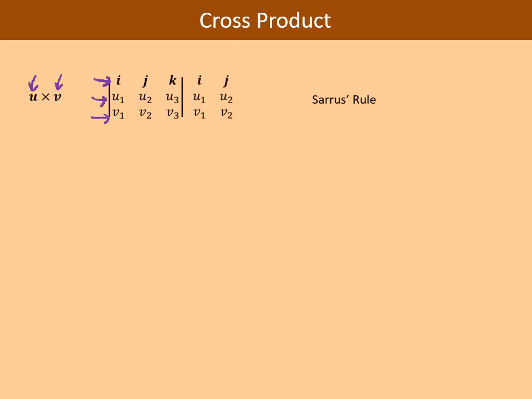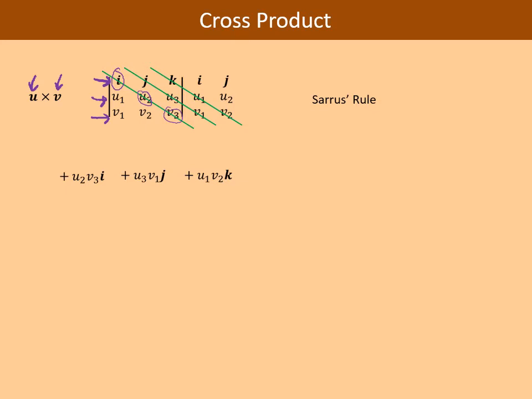We duplicate the first 2 columns on the right side of the determinant. Then we join diagonals in this direction. The product of the i, u2, and v3, the product of the j, u3, and v1, just follow the green lines, and then the product of the k, u1, and v2.